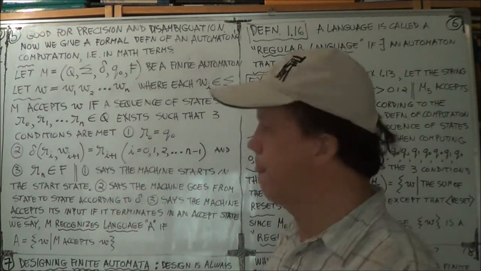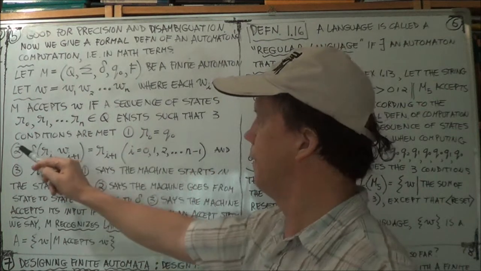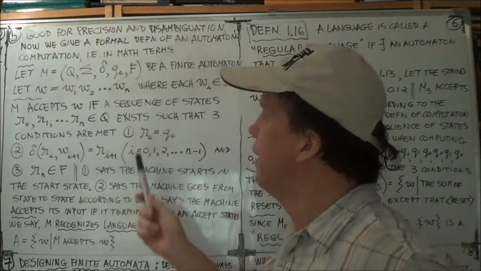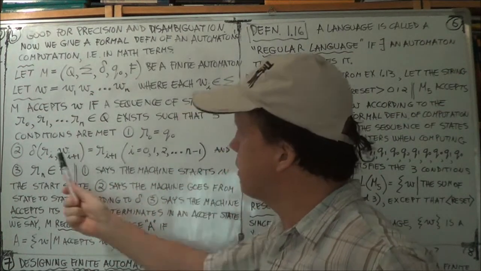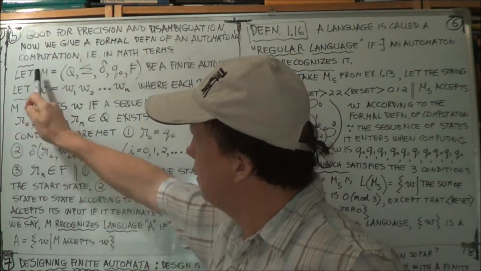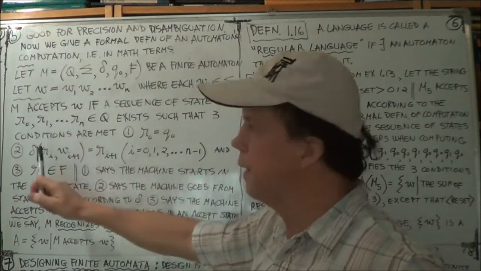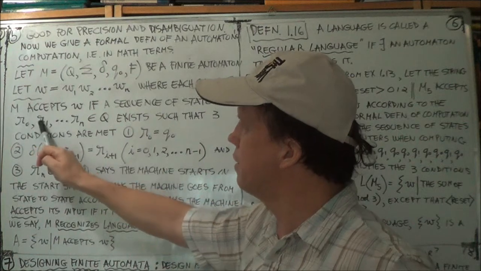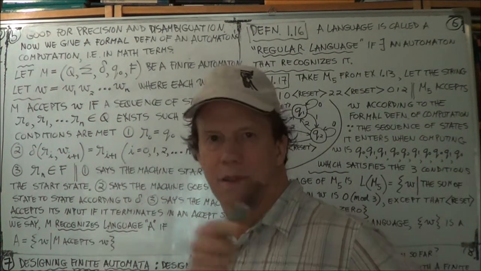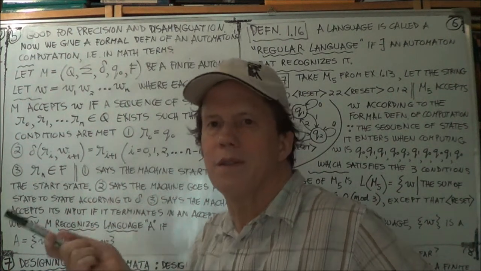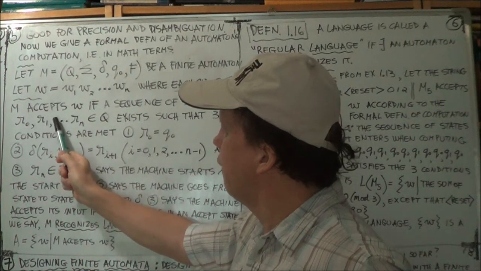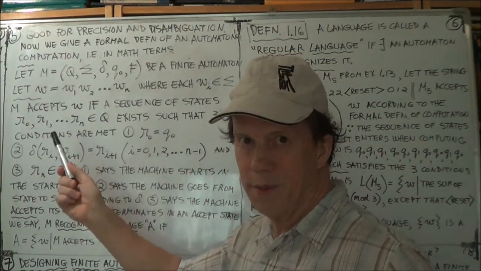Now the hard part is this, relatively harder. So what's going on here? Remember, the machine is reading off symbol by symbol, and each time the state is getting changed. Now it might change to the same state as the previous one. You might have R5 and R6 that might be the same state.